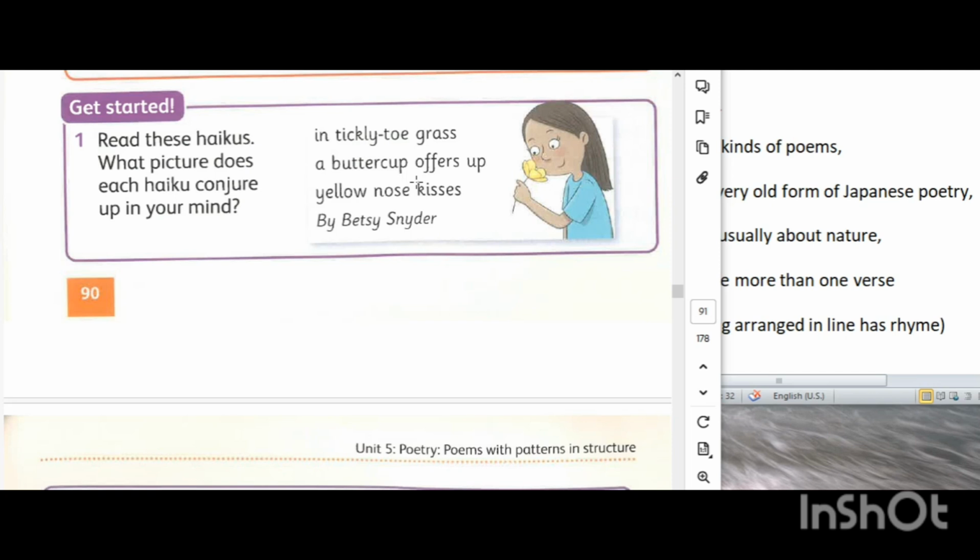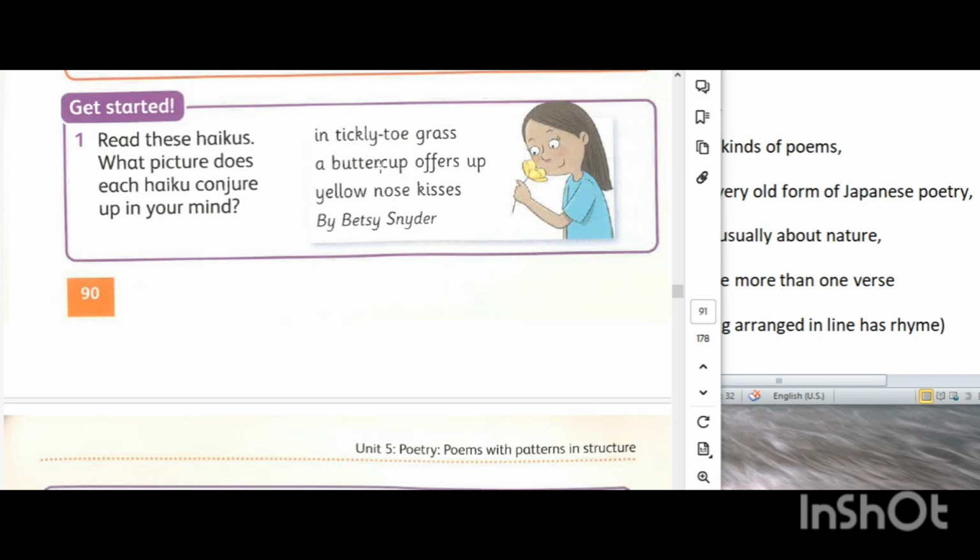Now we want to discuss the meaning of this poem to understand. It's a simple pleasure of nature. It means nature now is so happy because what happened? Winter goes away and spring is coming. So now nature is so happy, enjoying a meadow in bare feet and smelling buttercups. What's the meaning of buttercups?